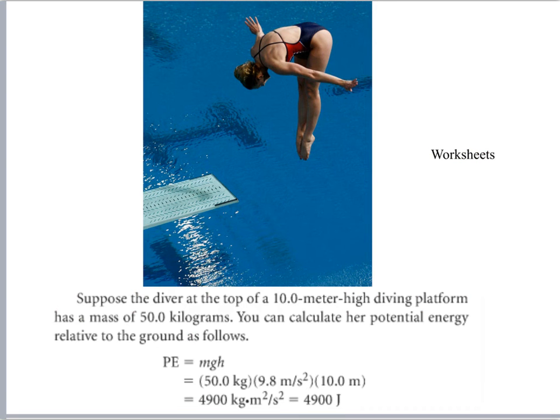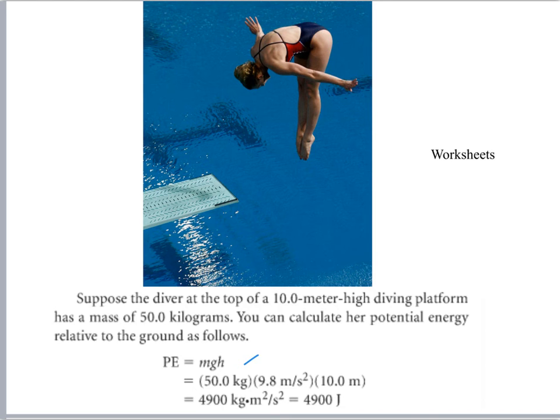So here's an example. Suppose a diver at the top of a 10-meter high diving platform has a mass of 50 kilograms. You can calculate her potential energy relative to the ground as follows. So potential energy equals the mass, that's what we have given here, 50 kilograms.